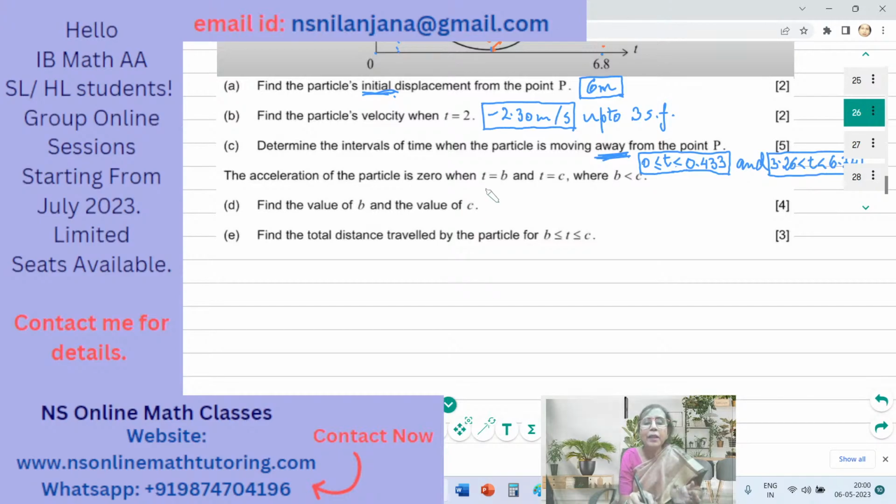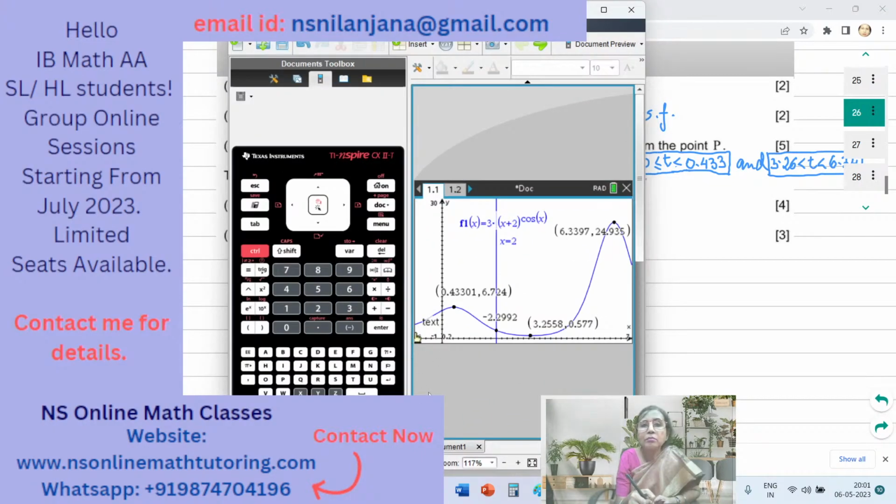We have been given the expression for the displacement. We have to get the expression for acceleration, and we have to see where the acceleration is equal to 0. But let the calculator do the working for us. I don't want to do the second derivative. I don't want to differentiate twice.